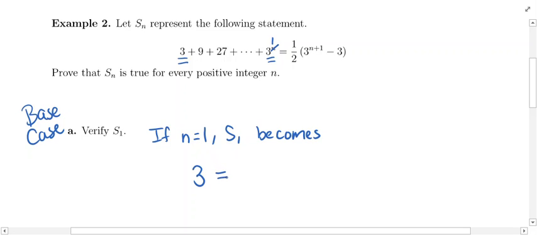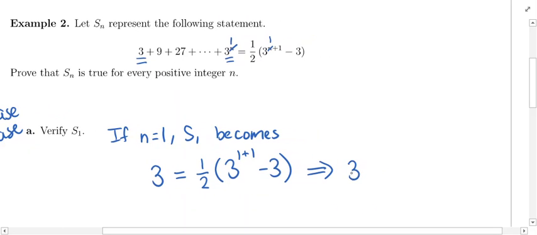Okay, does that equal what's on the right side? Well, again, replace n with 1. So that would be 1/2 times 3 to the 1 plus 1 power minus 3. Now we're going to simplify to make sure we get a true statement. We're going to have 3 on the left.